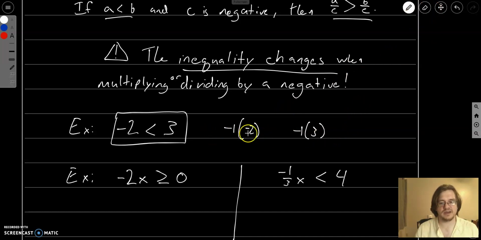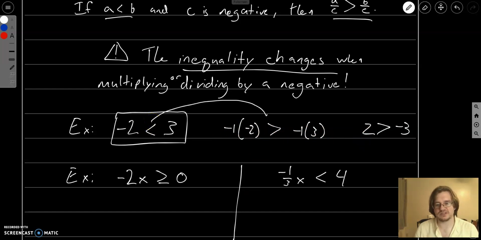And when I simplify, on the left-hand side I'm going to get 2. On the right-hand side, I'm going to get negative 3. And again, 2 is a positive number, 3 is negative, so 2 is going to be greater than negative 3. So once we multiply by that negative 1, we had to switch. So it switches, going from there to there.